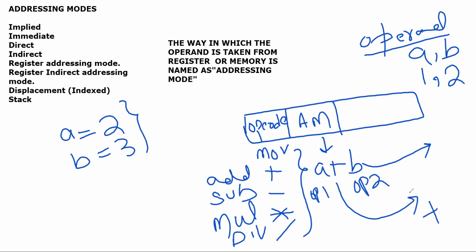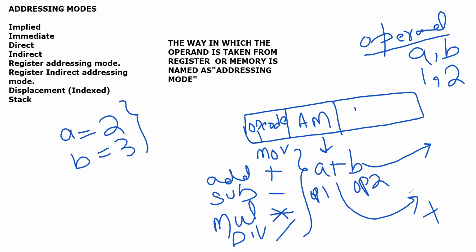So with the help of addressing mode, you can easily identify which type of operation is performed on the operands.